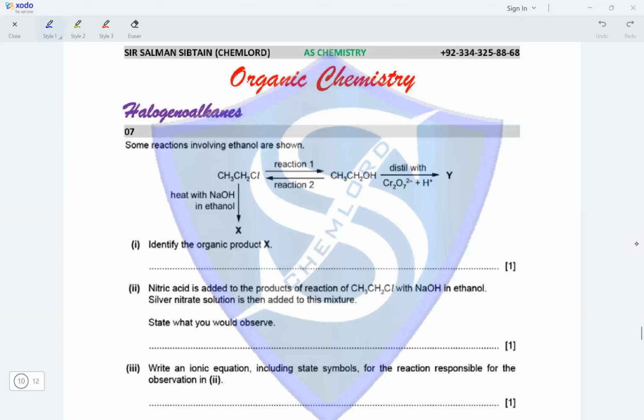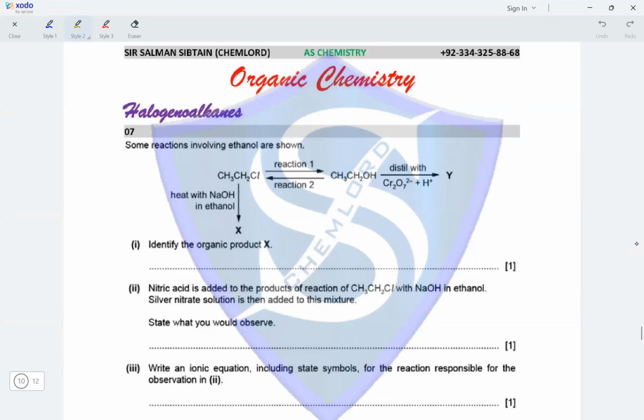Question 7. Some reactions involving ethanol are shown. So ethanol in reaction 2 produces chloroethane. In reaction 1, chloroethane produces ethanol. And ethanol in the presence of acidified Cr2O7 2- ions, and with distillation produces Y. So if it is distilled, that means we are producing the aldehyde.